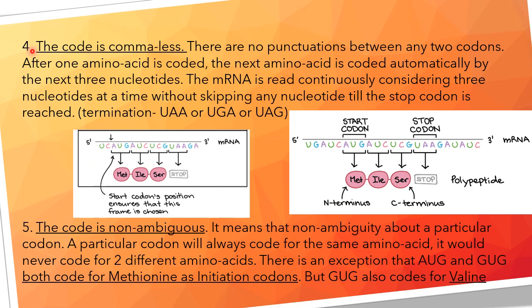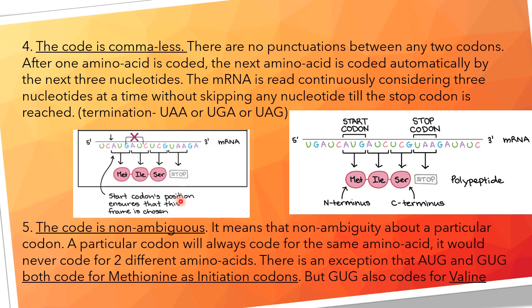Now next is fourth. The code is comma-less. That means there are no commas between any nucleotides, so there is no punctuation between any 2 codons. After one amino acid is coded, the next amino acid is coded automatically by the next 3 nucleotides. The mRNA is read continuously, considering 3 nucleotides at a time. You can see AUG is the start codon.